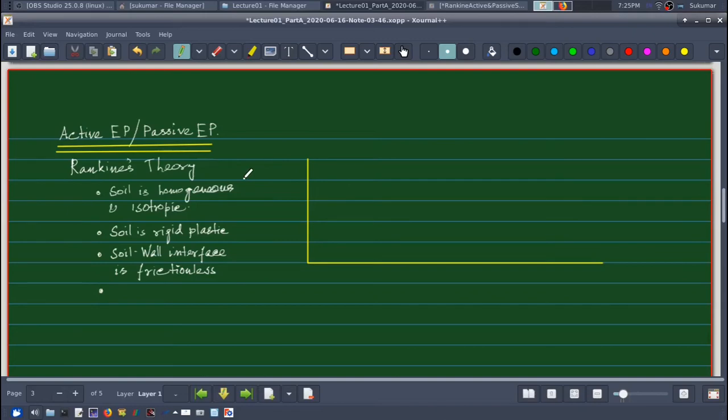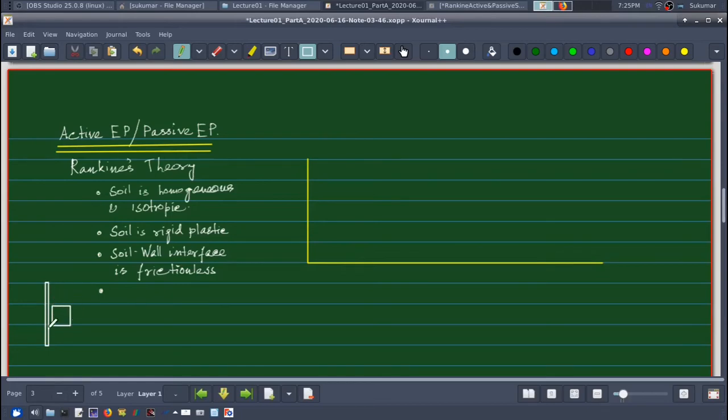Say I have a wall here, and very near to it I have a soil element.